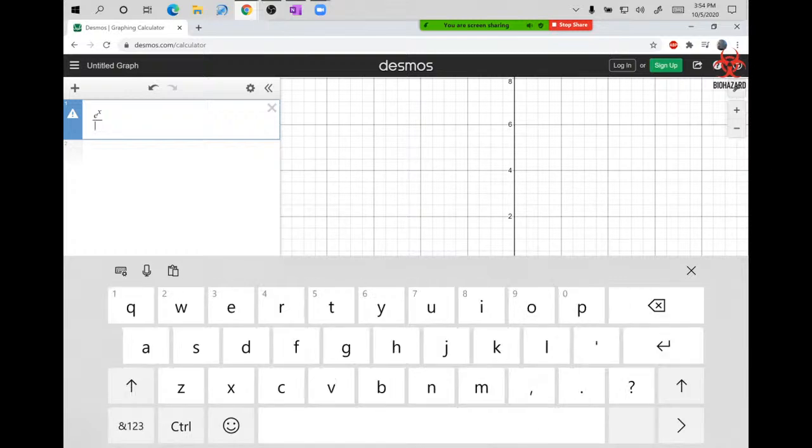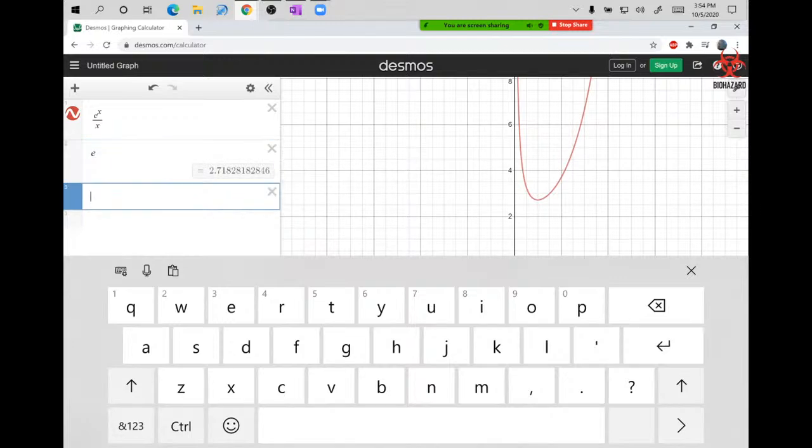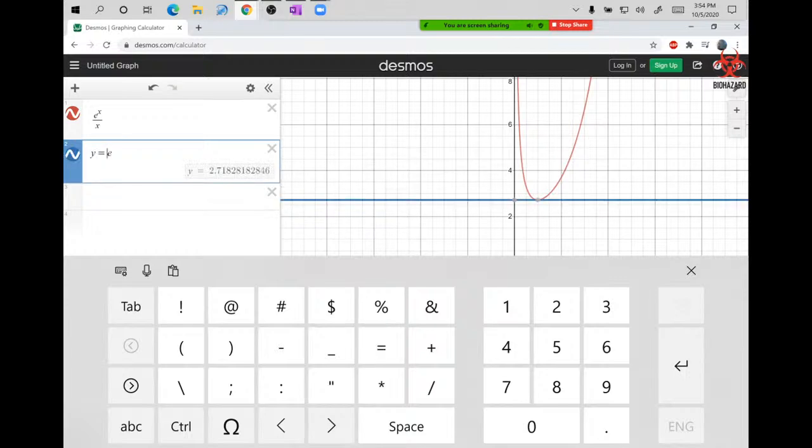Yes, just x. So this is your function, but then here I'm just going to graph e. Now, why is it not graphing e? Can I do y equals? Maybe y equals. There we go. Much better.